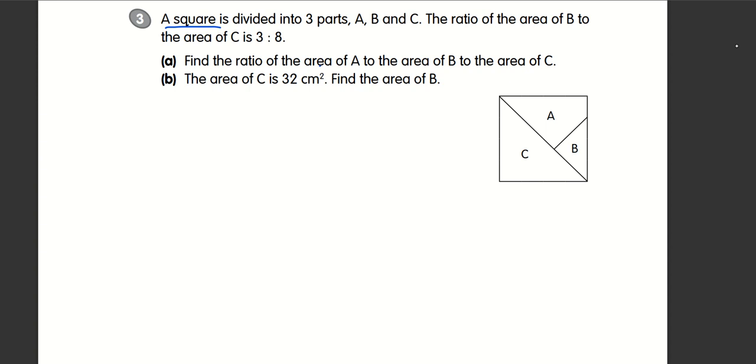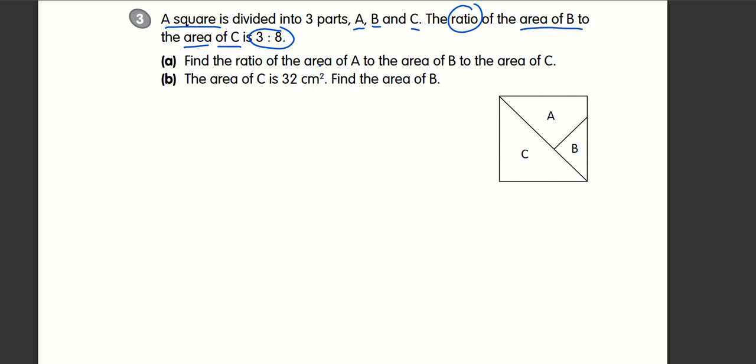It's a square. You have A, B and C as indicated in the shape diagram here. Now you have a ratio that's given. The ratio given is B is to C, the areas, that's 3:8. So I have area of B to area of C.